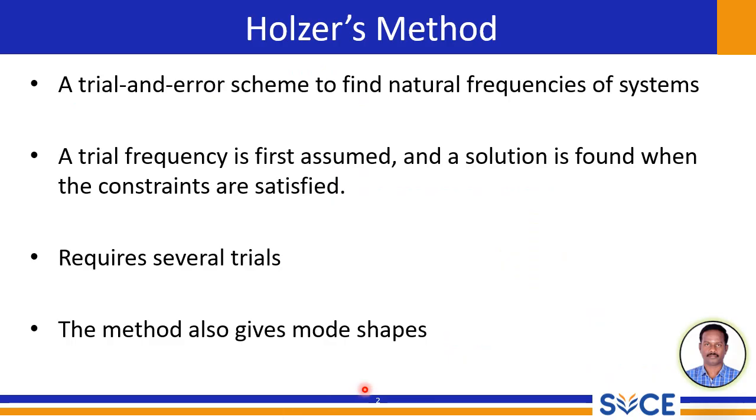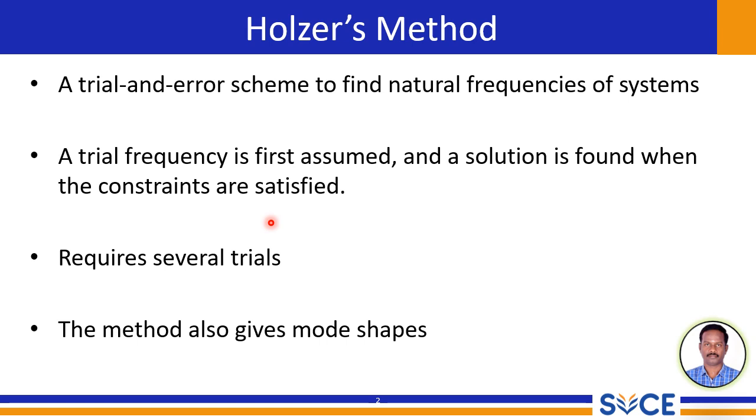Now, let's delve into the specifics of the Holzer method. As you can see, it is fundamentally a trial and error approach used to determine the natural frequencies of a system. The core idea is to assume a trial frequency and then work through the system. A valid solution is found when the assumed frequency satisfies the system constraints.